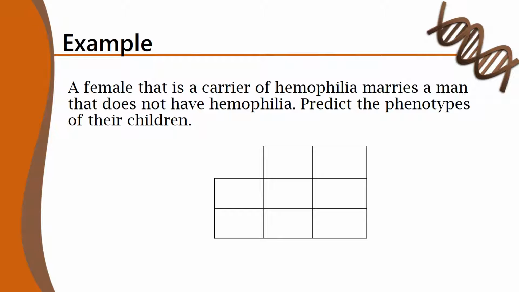And in this question, we have a female carrier for hemophilia. So that would be X, and the superscript would be big H, but then the other X will have little h. So we can put that in our Punnett square.